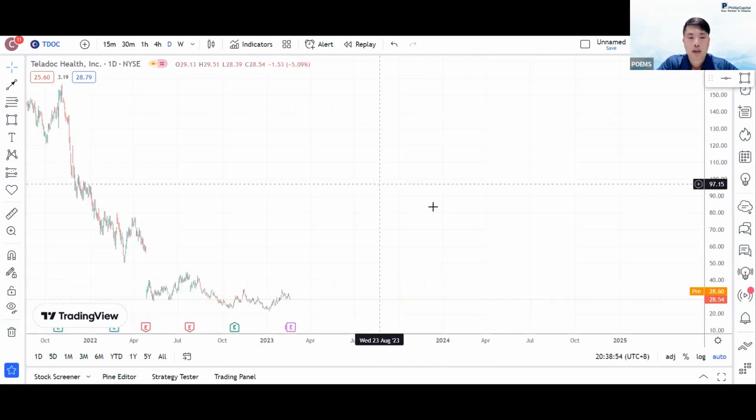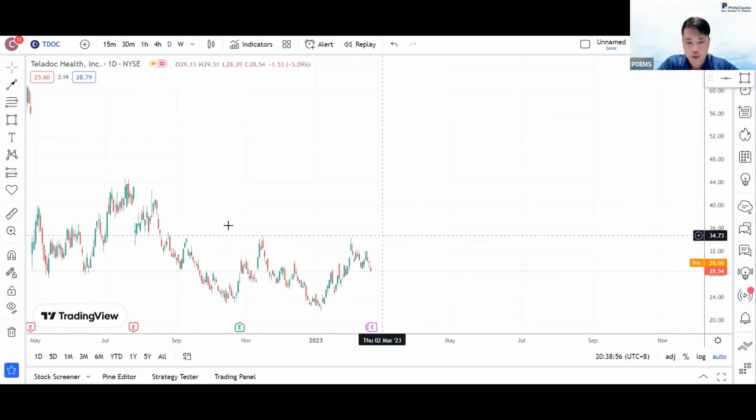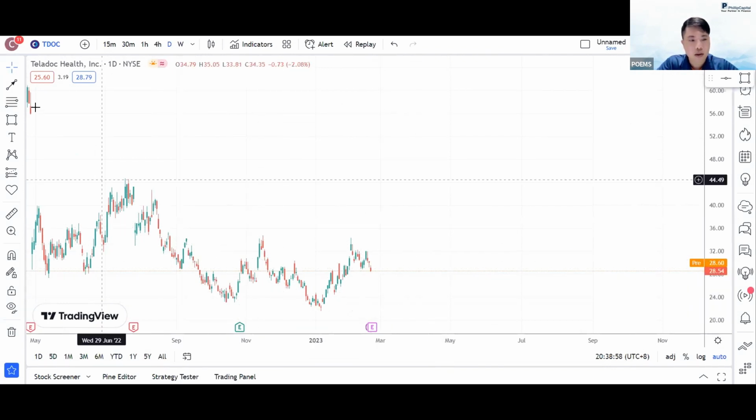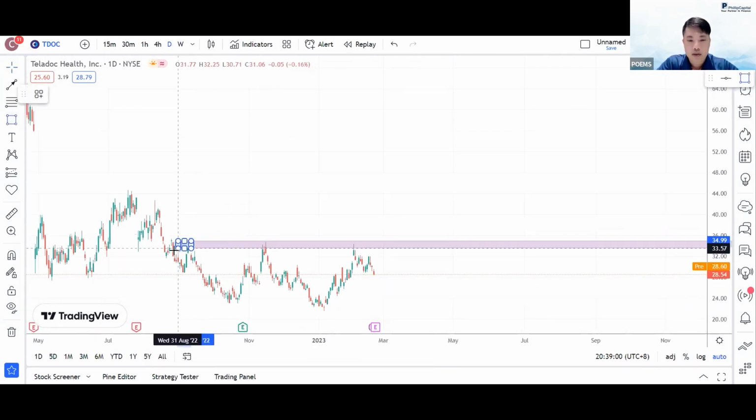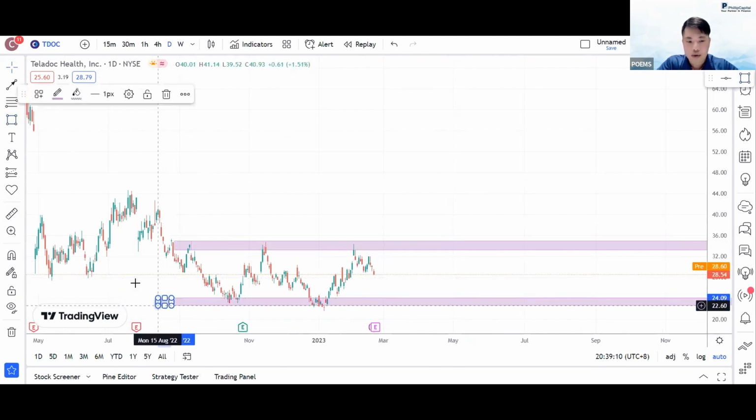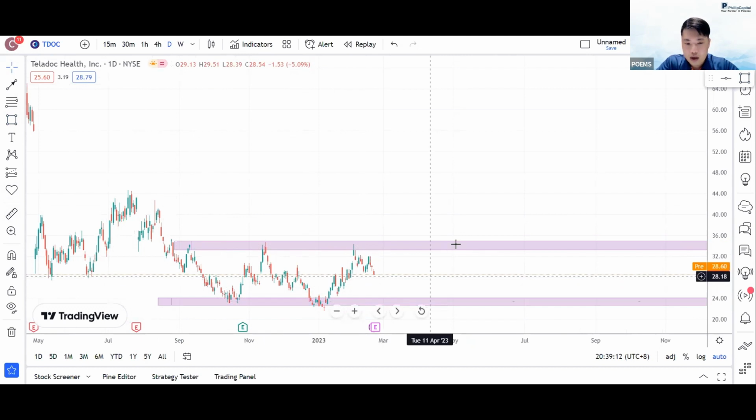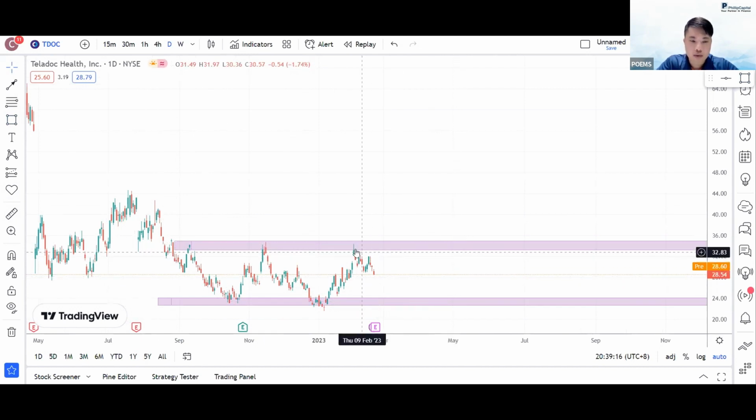But if we scroll in to where it is now, it is showing a range bound movement. Immediate resistance should be around 33 to 35, and immediate support we should be looking around 24.